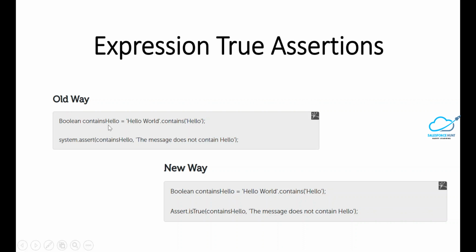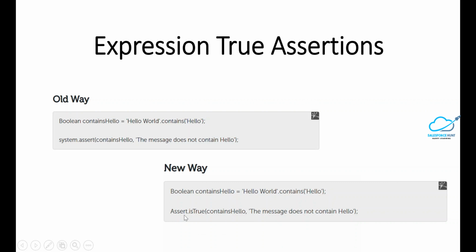In the old way we define it like this: a boolean contents check for the word hello inside this string, and then we use System.assert. In the new way we don't need to worry about the System class, it's already removed. You just have to use Assert.isTrue instead of System.assert.